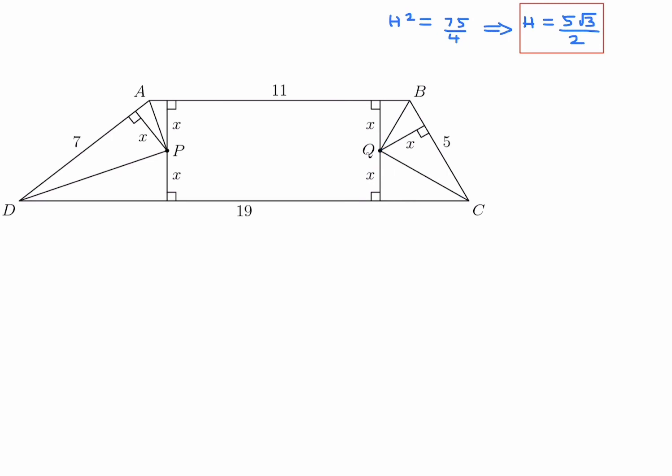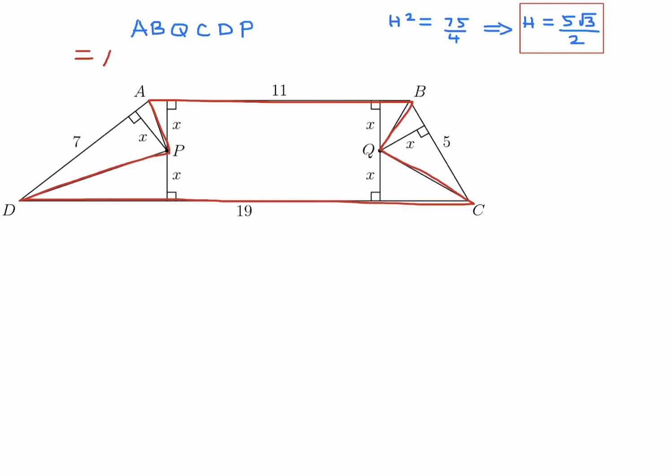All right? And our goal at the end of the question is to figure out the area of the shape ABQCDP. That shape is what we have to figure out. Well, I'm sure you can see that shape can be figured out with the following equation.